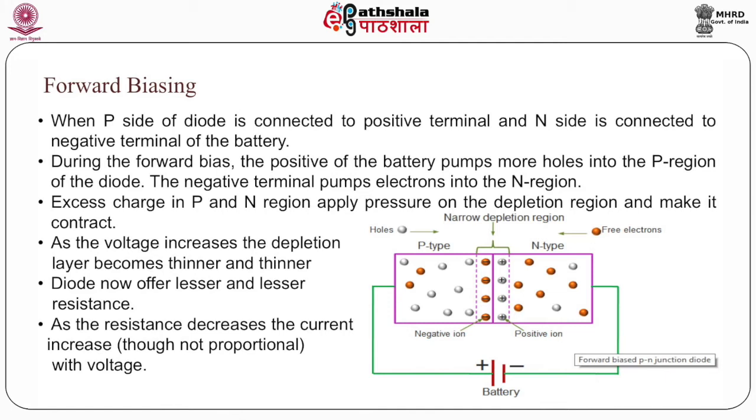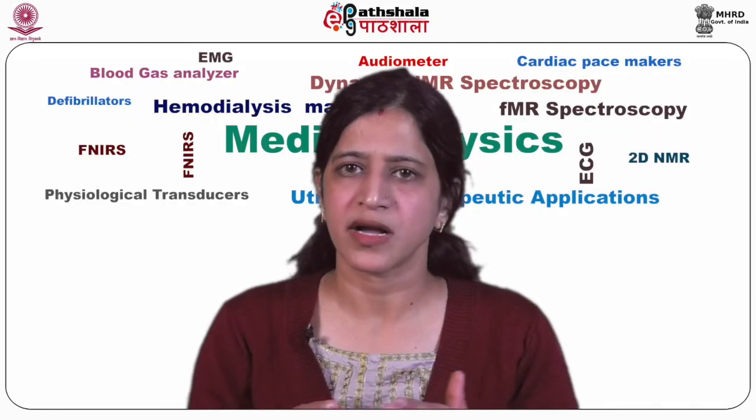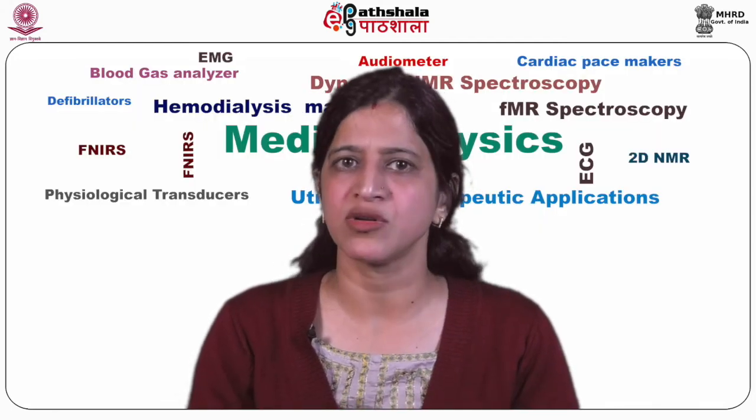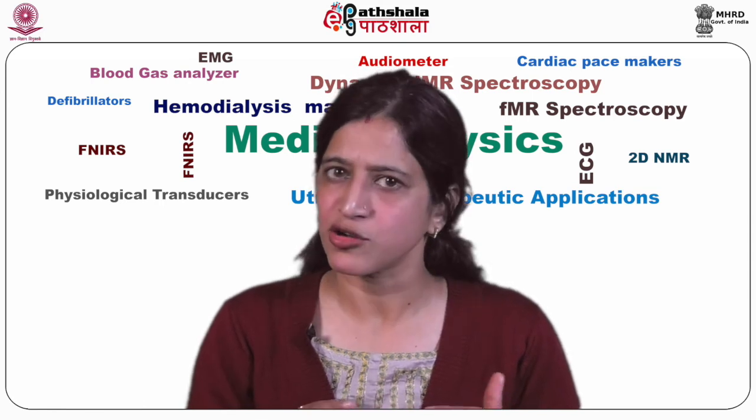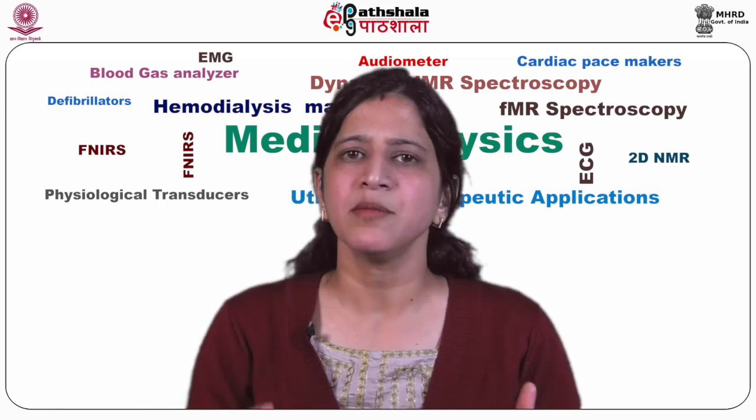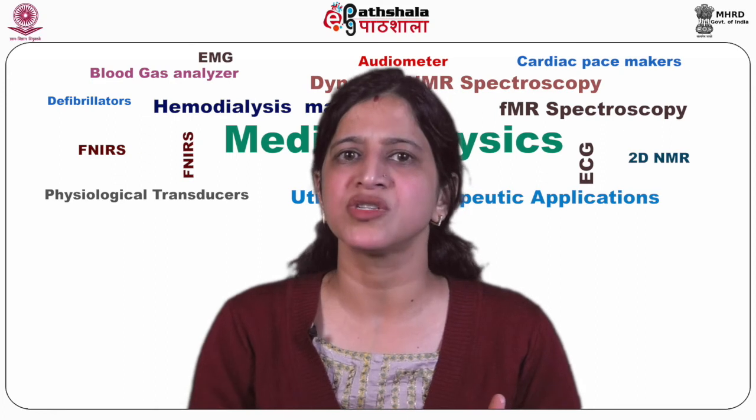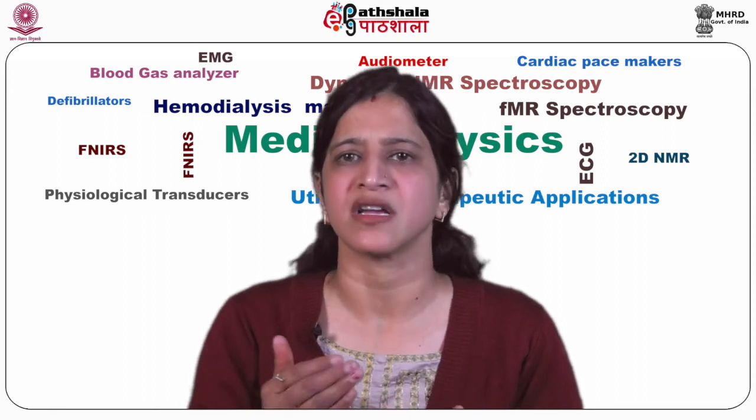That is, up to a certain level in forward bias, the current is slowly increasing. But the moment this threshold voltage reaches a specific value in a particular diode of silicon or germanium, we see that the current increases exponentially and becomes greater. The resistance in this situation becomes very low, and the PN junction diode starts conducting.